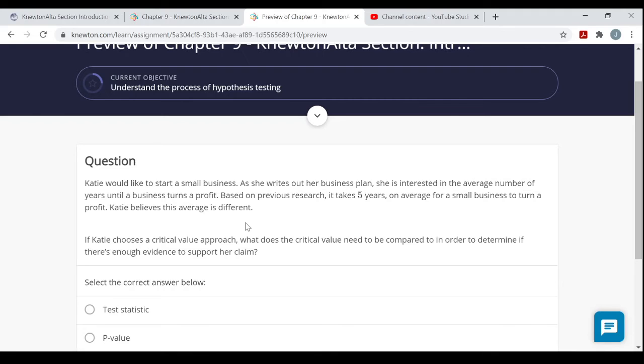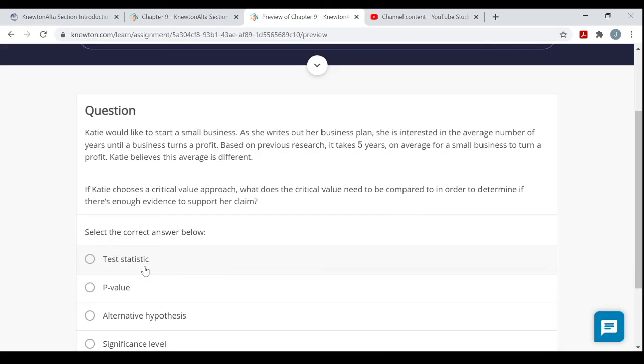Then she takes a sample of small businesses, maybe takes an average for that sample. Then from that average, calculates a test statistic, a z-score or a t-score for that sample's average. And then it says here, if Katie chooses a critical value approach, what does the critical value need to be compared to in order to determine if there's enough evidence to support her claim?